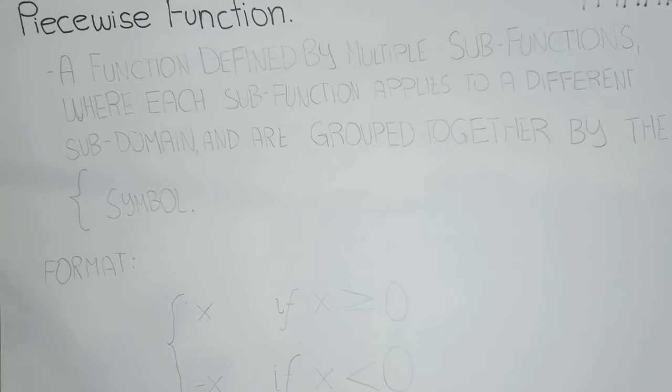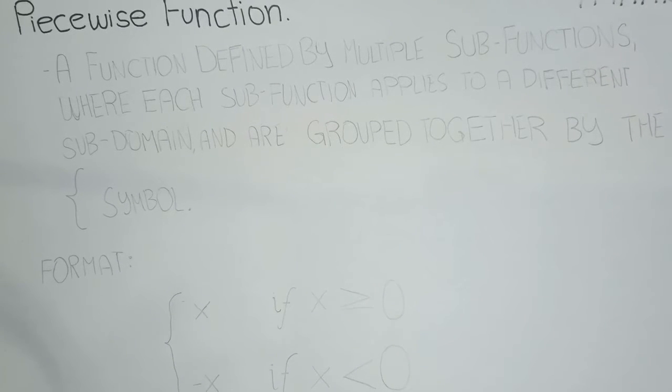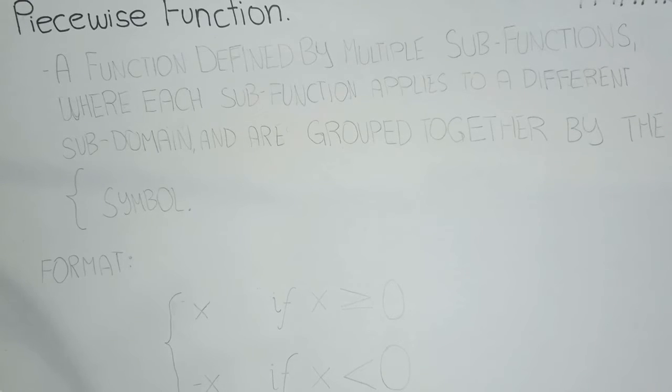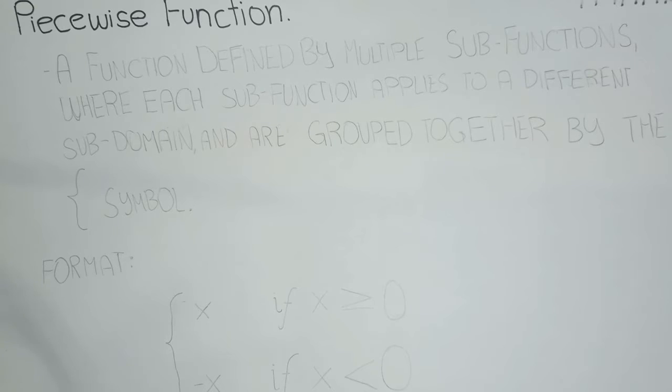What are piecewise functions? It is a function divided into multiple subfunctions, where each subfunction applies to a different subdomain and they are grouped together by the open parenthesis symbol. The difference between a regular function and a piecewise function is that whilst the regular function is defined by a single function or a single line, the piecewise function is defined by multiple subfunctions.